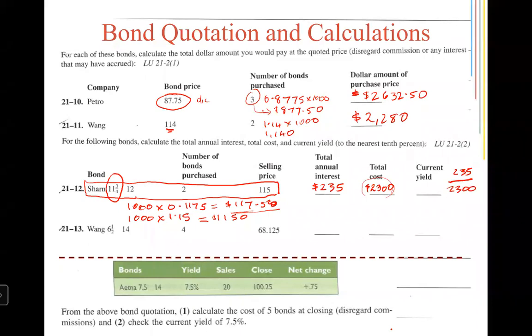So what would be the yield as a percentage? It'd be 10.22. Well, they wanted the nearest tenth, so just one decimal place, 10.2%. Okay, 235 divided by 2,300 gives you 10.2.